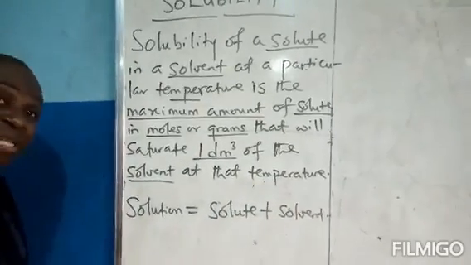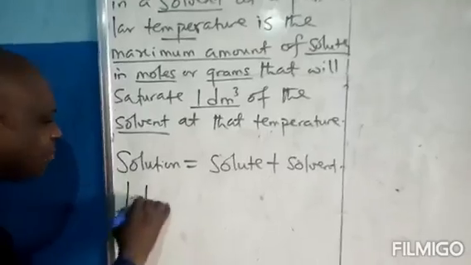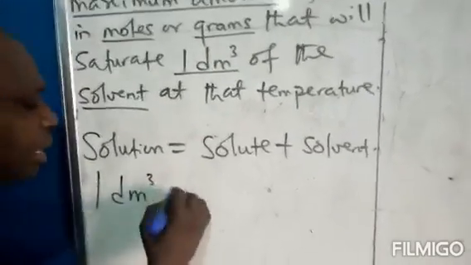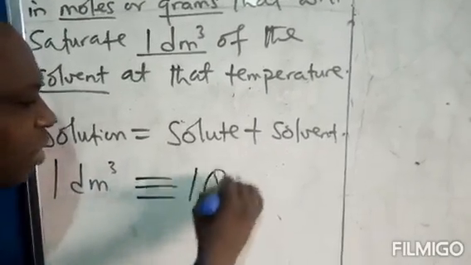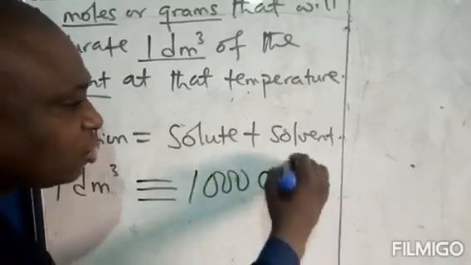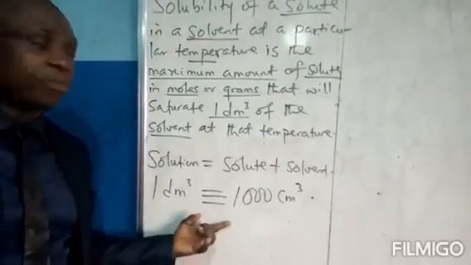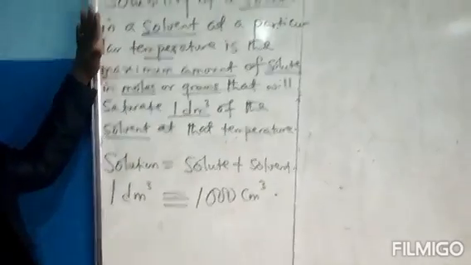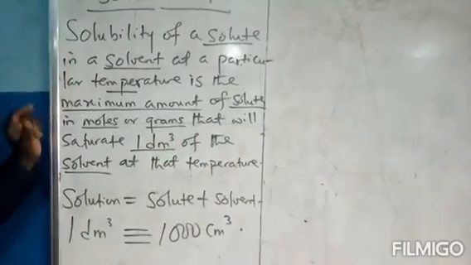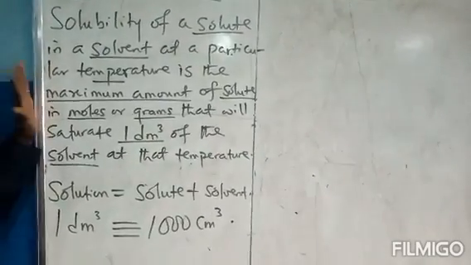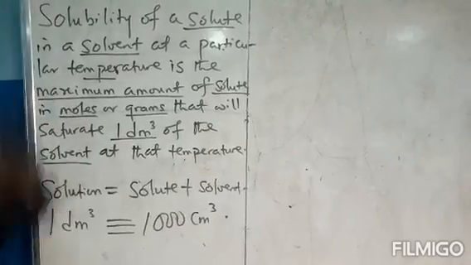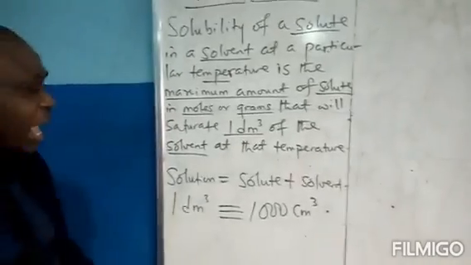It is expedient I mention that 1 dm cube is equivalent to 1,000 cubic centimeter, mathematically. So that is the definition of solubility. We are going to use this concept in our calculation thereafter when other concepts are explained.